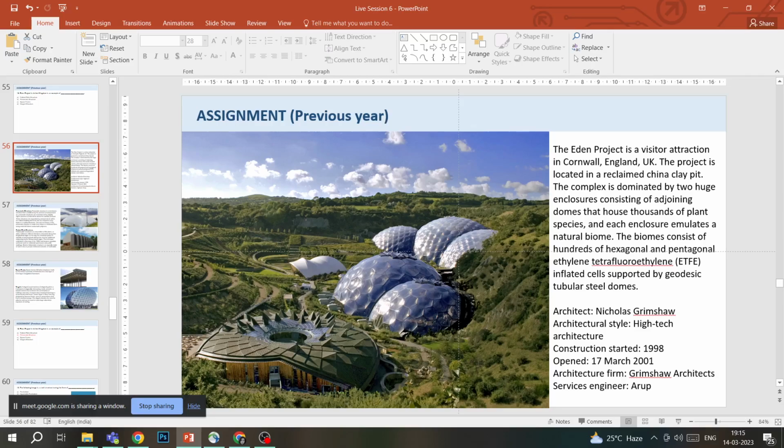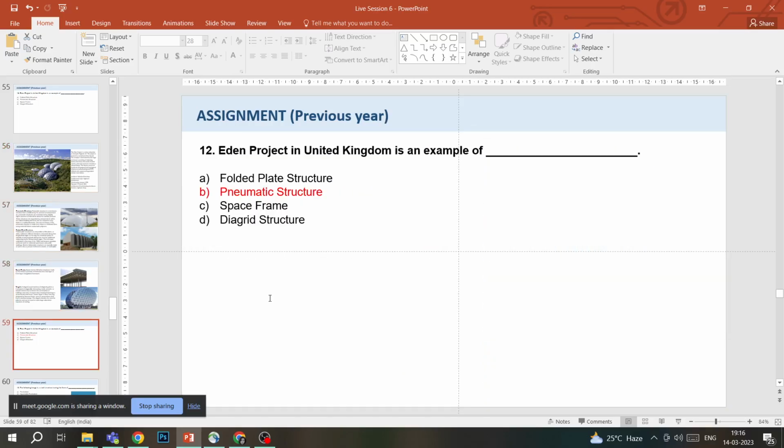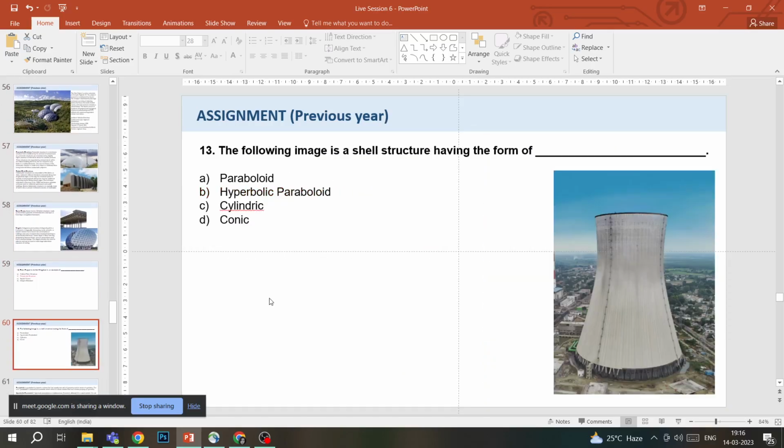It is not a diagrid structure because diagrids have diagonal grid in it, and the other option is pneumatic structure, and it is very easily clearly visible that it is a pneumatic structure. It is being held with the help of compressed air. So our answer would be pneumatic structure.